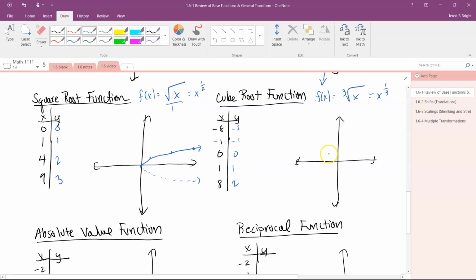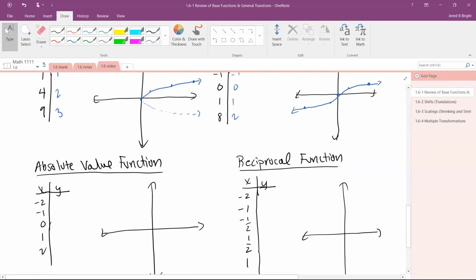So then when you do this, you get 0, 0, and again, I'm not plotting precisely, -8, -2, something like that. And so this is more like that cube function that we saw, the snake, just turned on its side and, well, maybe reflected a little bit. Okay, so that's what a cube root function is going to look like.